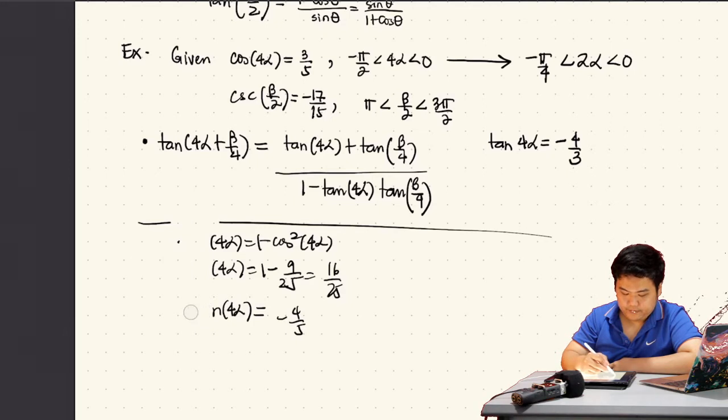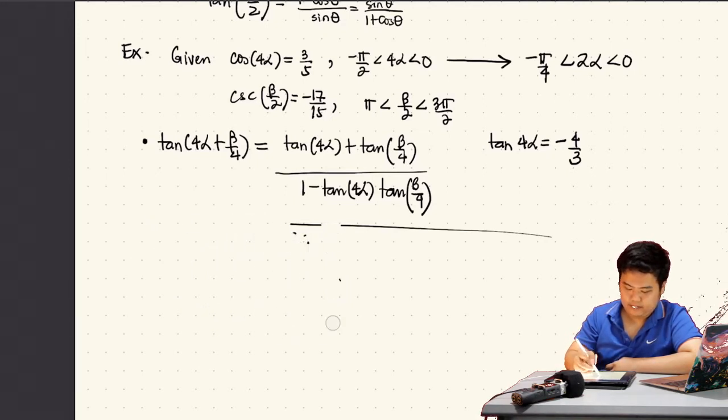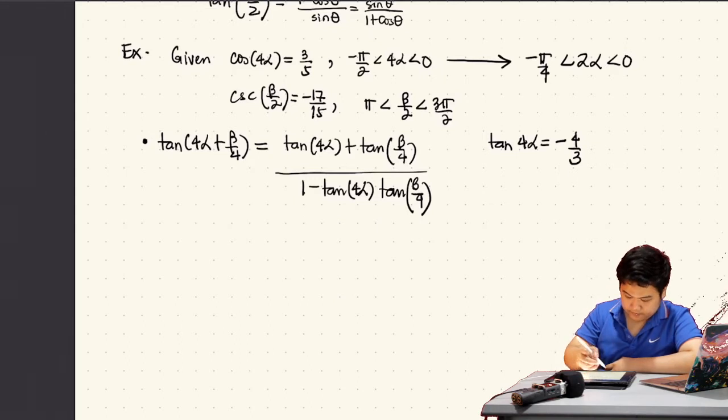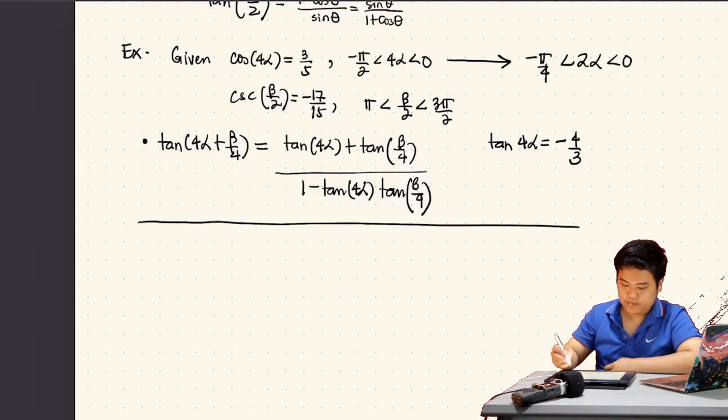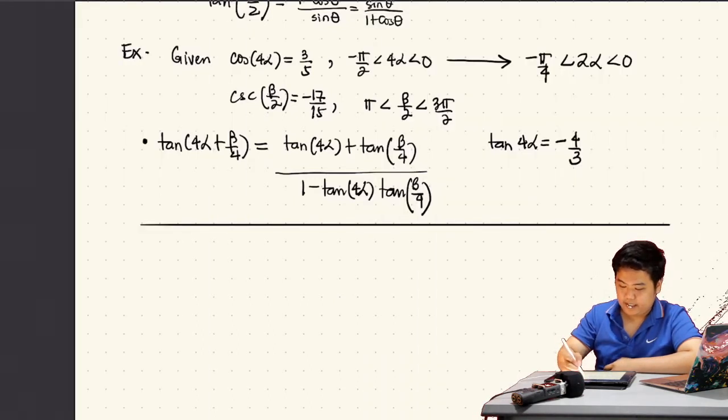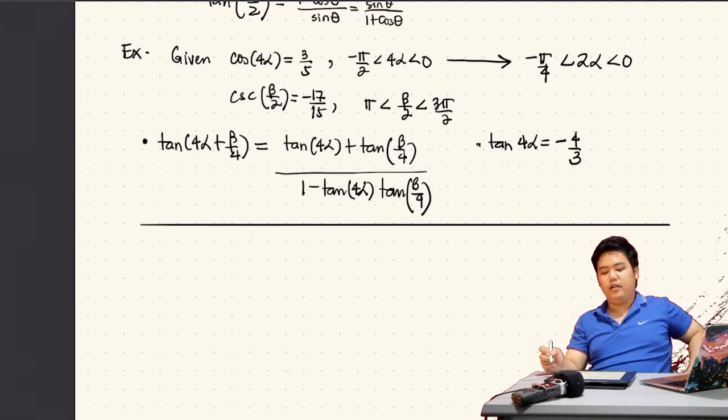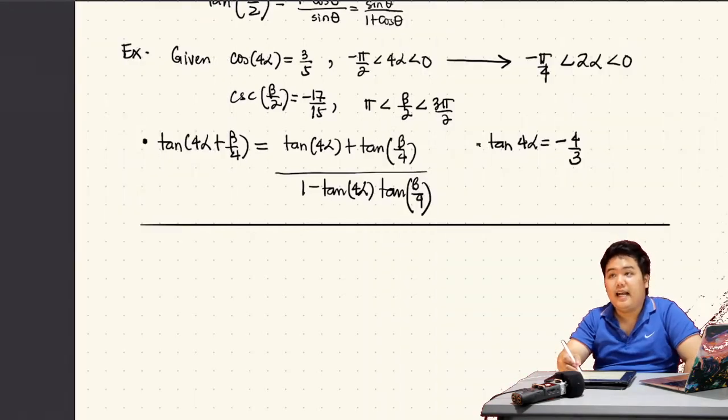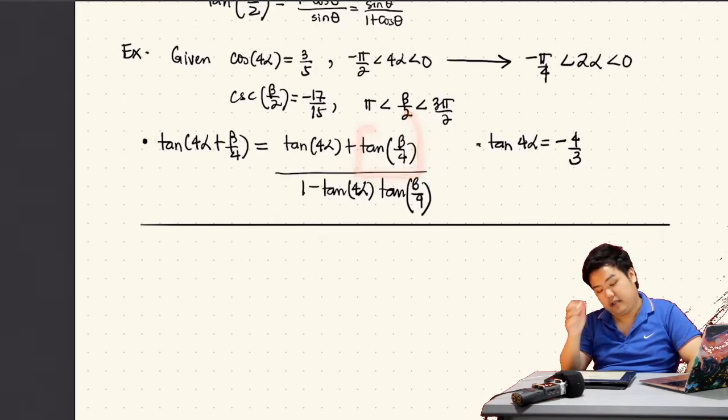Okay? So, madali-dali yung part na yan. So, ito na yung isa sa mga ingredients natin, tangent 4 alpha. So, yung next na kailangan natin ay tangent beta over 4.